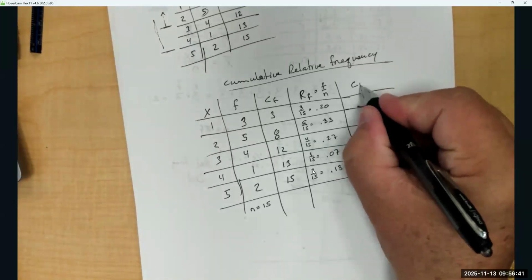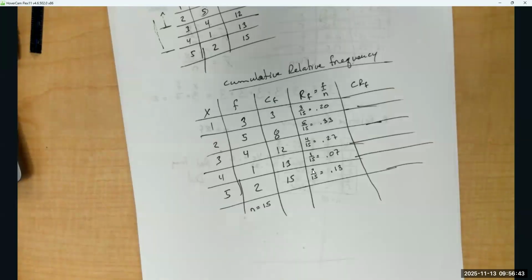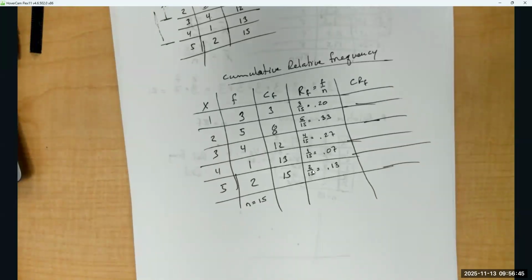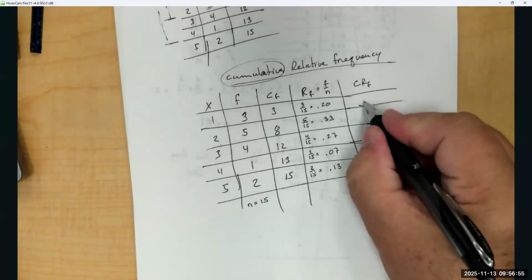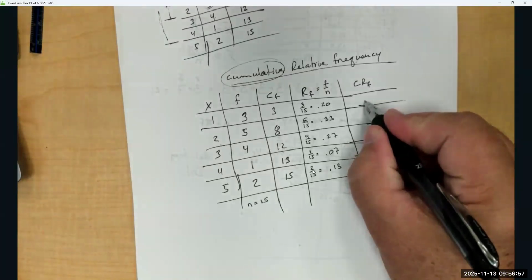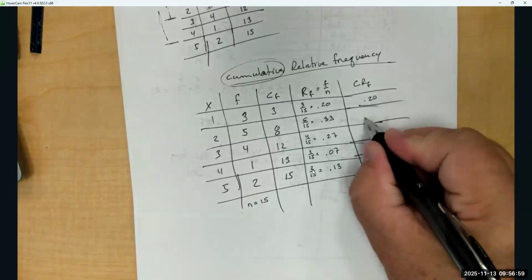So the cumulative relative frequency would be what? Yep, that's what cumulative means. It's a running total. So what goes in the first box? Then what?